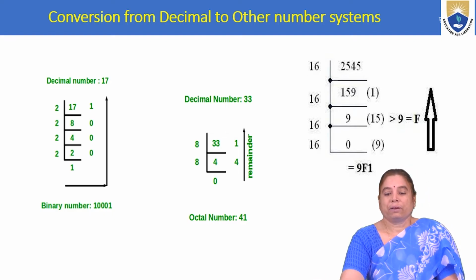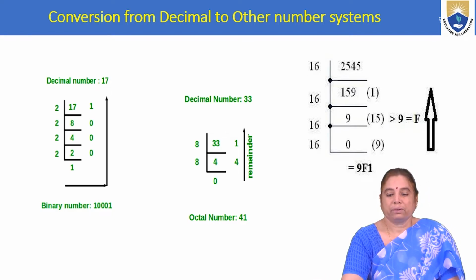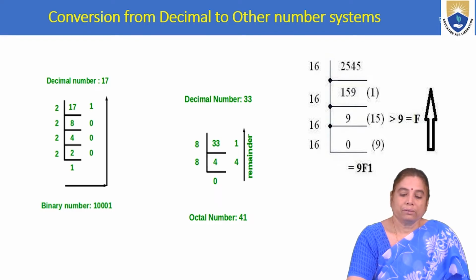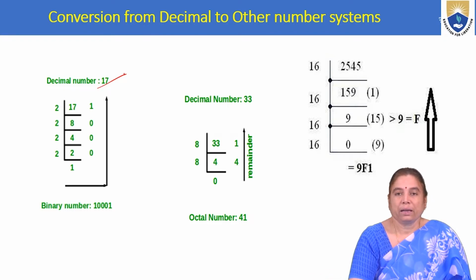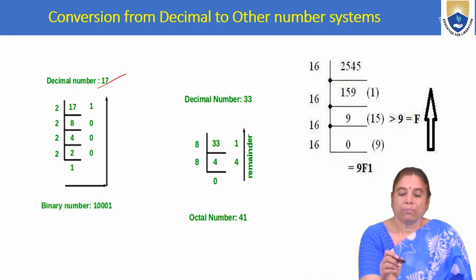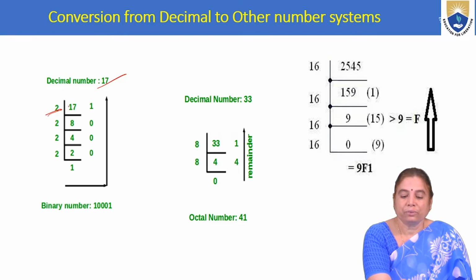How do we convert from decimal to other number systems? Consider the decimal number 17 and how it can be converted into binary. The binary number system has a base value of 2. With this 2, the number is divided. So 17 is divided and the remainder is noted down.